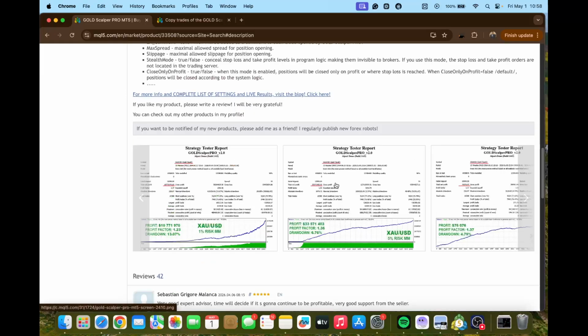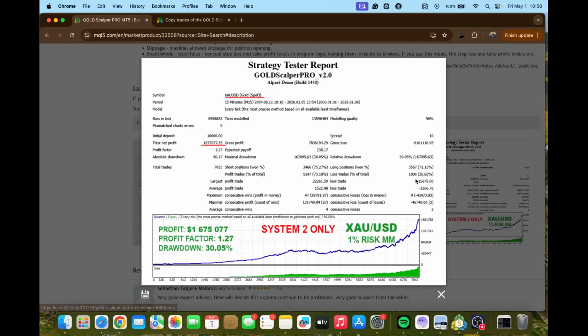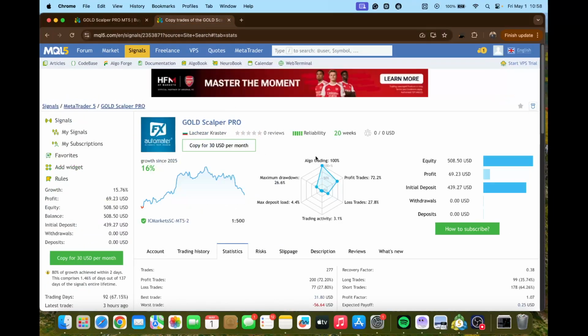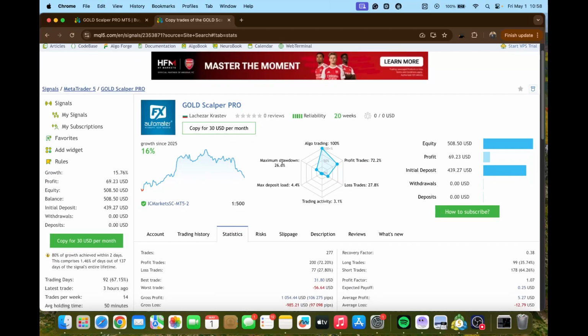So that's about it from the developer. They also have a live signal available, which you could check out. It's been running for several months, has about 16% growth since 2025. You can see since December 2025, and this is how it has been.